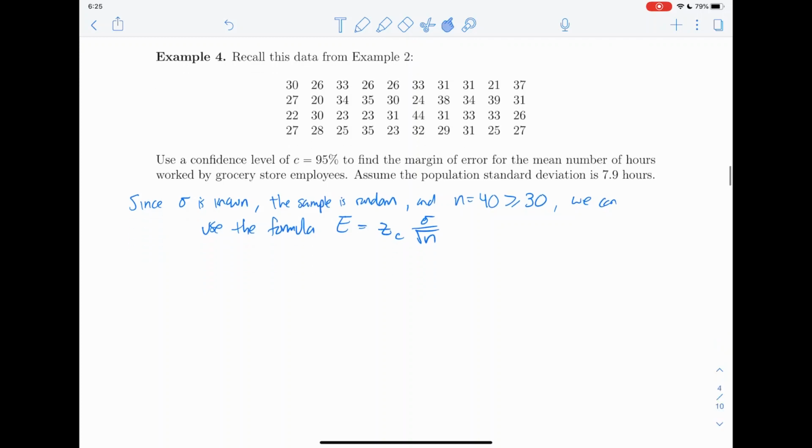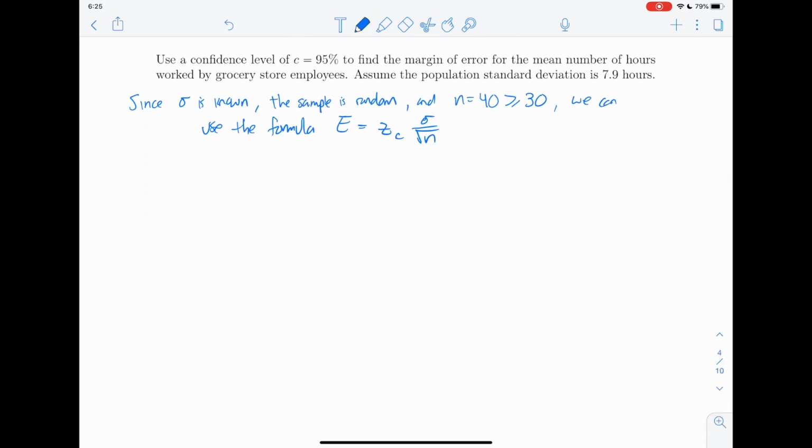The second step of the problem is finding z sub c. To find z sub c, it's exactly the same process we saw a little bit earlier. In this case, since c is equal to 0.95, because that's our confidence level, you could draw a picture, by the way, if it continues to help make sense.